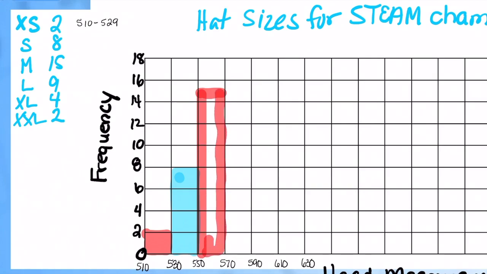There you go. And the next one goes up to 9, so again, I'm going halfway. Here you go. And the next one is 4. And the last one is 2.